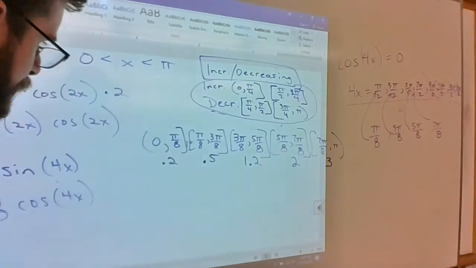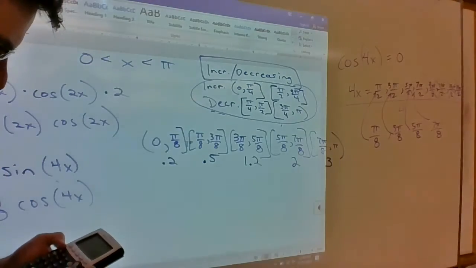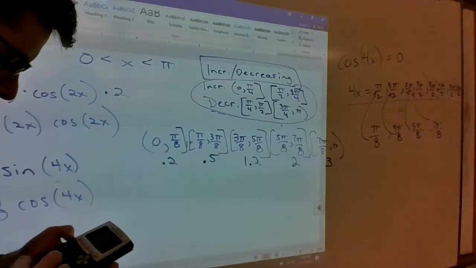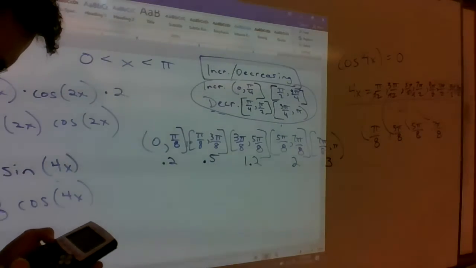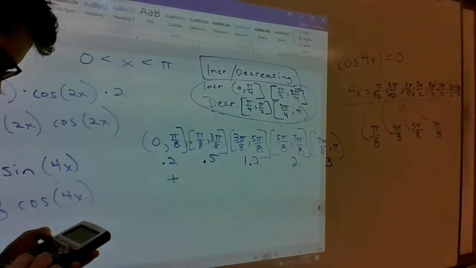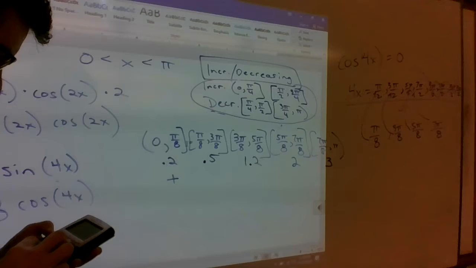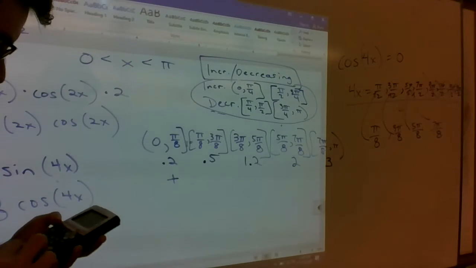Plugging those into 8 cosine of 4x, here's what it yields. So 8 cosine of 4 times 0.2. It's a positive. Concave up. 8 times the cosine of 4 times 0.5.